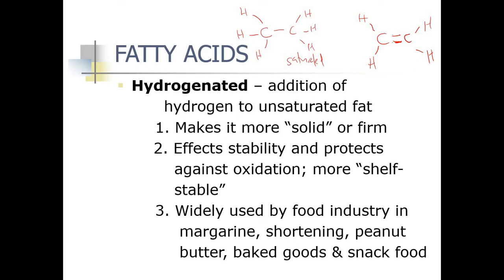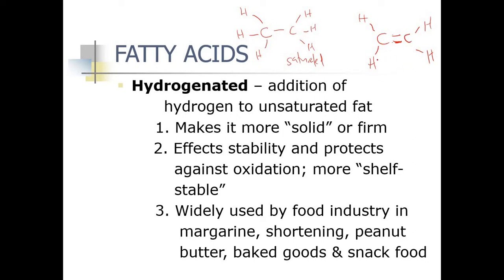So for fatty acids, or even in fats, we will learn later what fats are. These are fatty acids. They undergo a process of hydrogenation, meaning an addition of hydrogen.